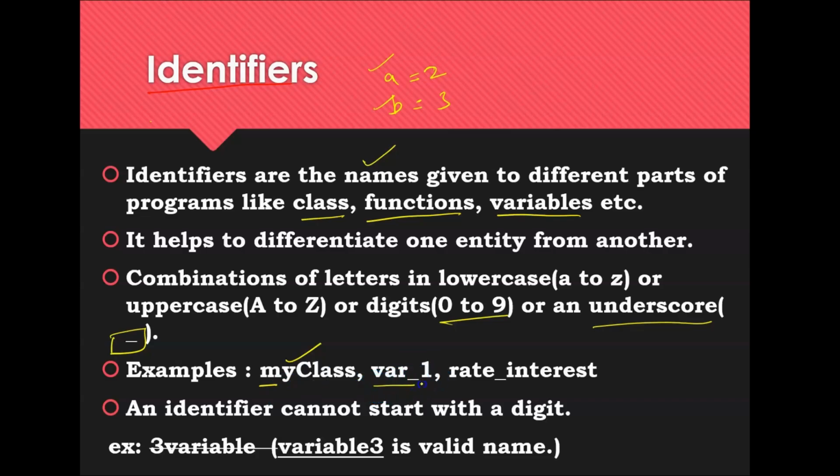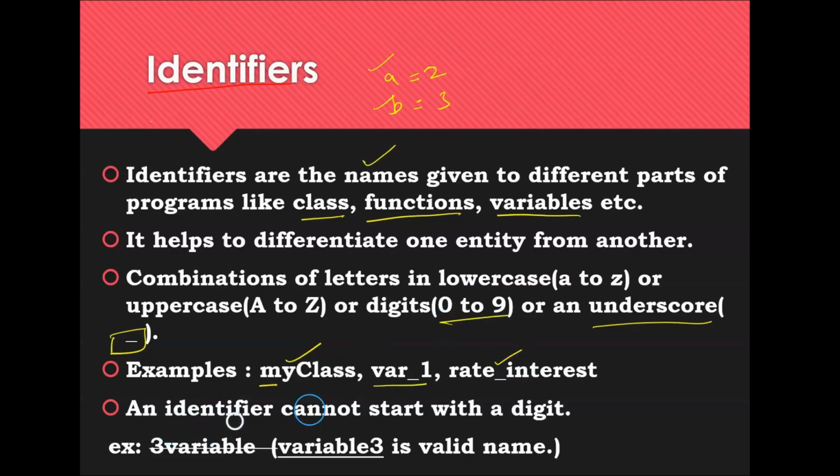Next is VAR_1, a valid identifier. It can also start with an uppercase letter, but you should use only the underscore, no other special symbols. Then rate_interest is also a valid identifier.